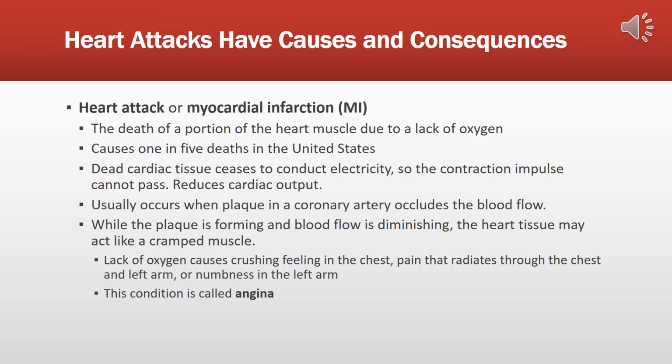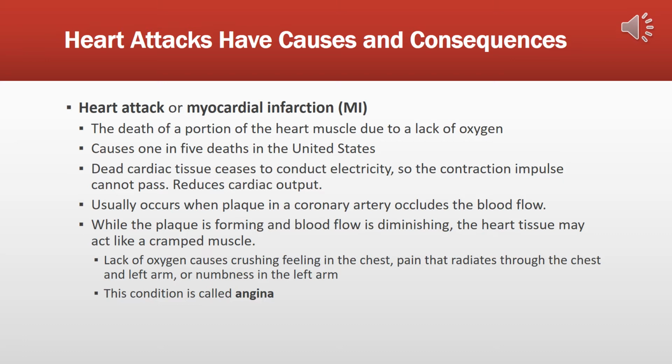So a heart attack is usually caused when a plaque or thrombus becomes lodged in a coronary artery such that we form an embolism, and this causes a great reduction in blood flow to that tissue.